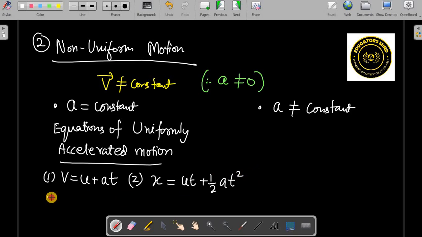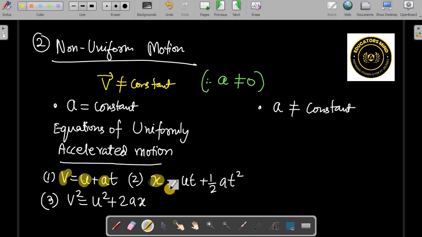And the third one is v square equal to u square plus 2ax. Here you should note that velocity u, v, acceleration a and displacement x are all vector quantities. Only time is a scalar, so time should not be negative, but x, u, a, v can be positive as well as negative.